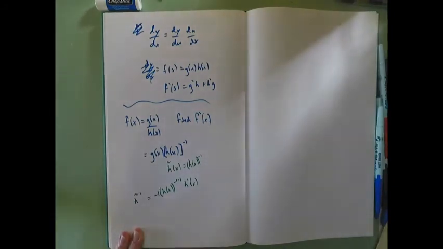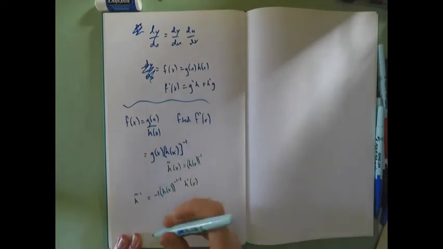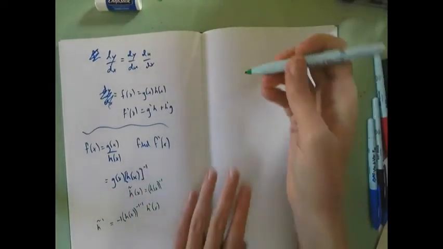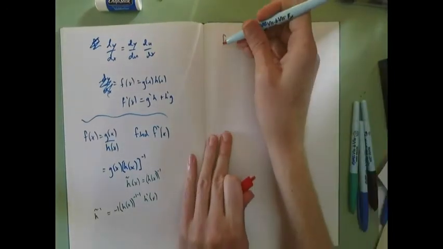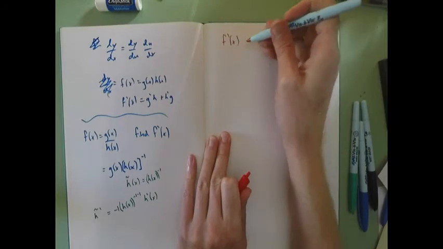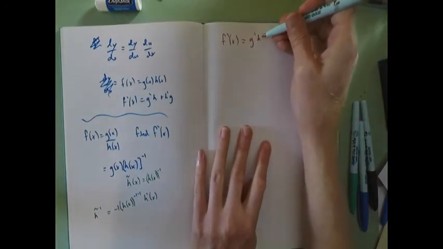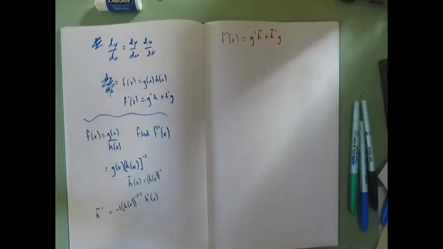So we've got h prime of x, g prime. We don't even need an actual function. We can just say there's g prime. So we want to know f prime. I'm going to switch colors one more time. f prime of x is going to be g prime h tilde plus h tilde prime times g. Right?